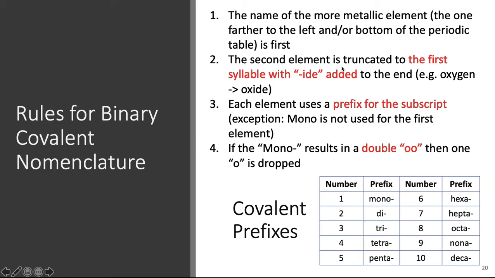Then the second element is truncated and the ide ending is added, just like we did for ionic compounds. So oxygen becomes oxide, chlorine becomes chloride, fluorine becomes fluoride, etc.